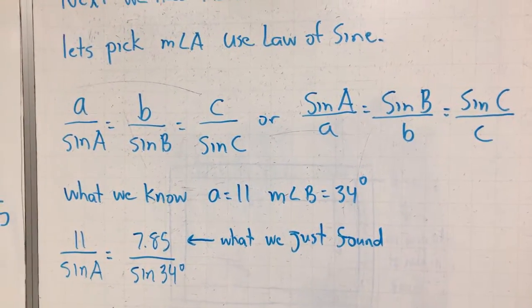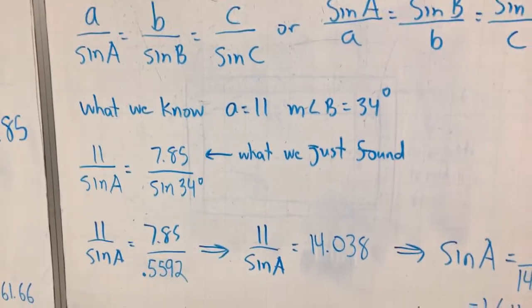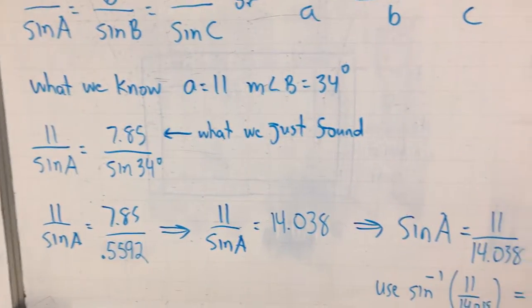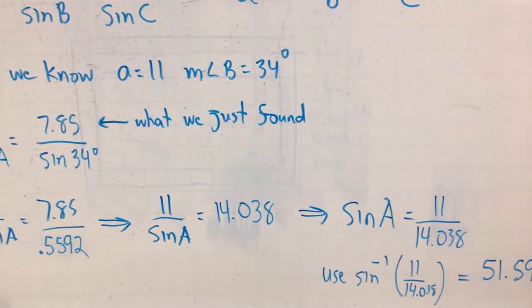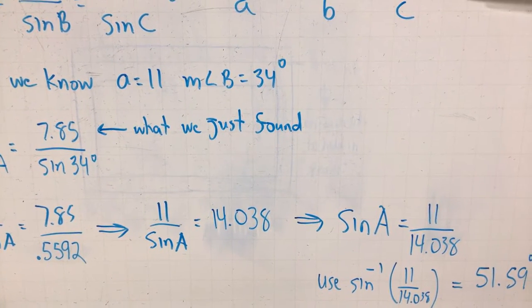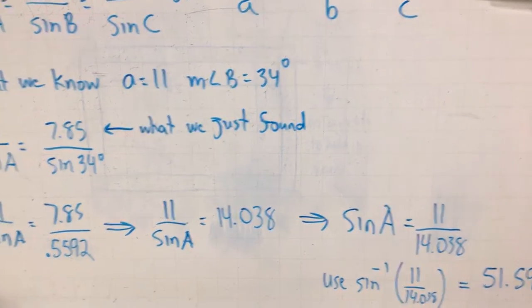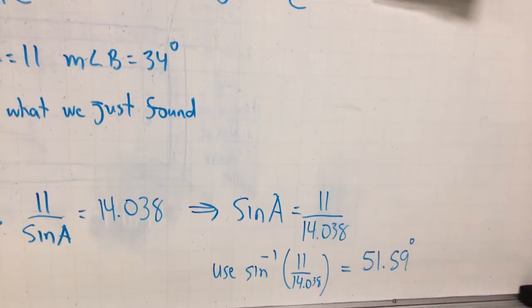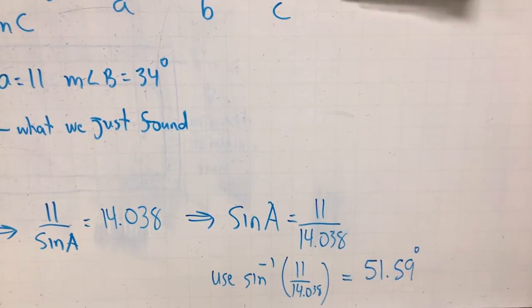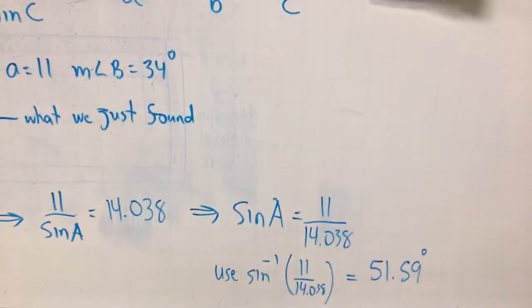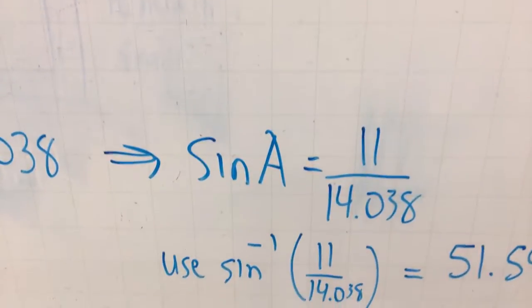And now I have a simple little cross product. 11 over sine A is equal to 14.038, and then sine A is equal to 11 over 14.038. Now, to find the measure of the angle, you know the ratio of the sides, so use the inverse sine.